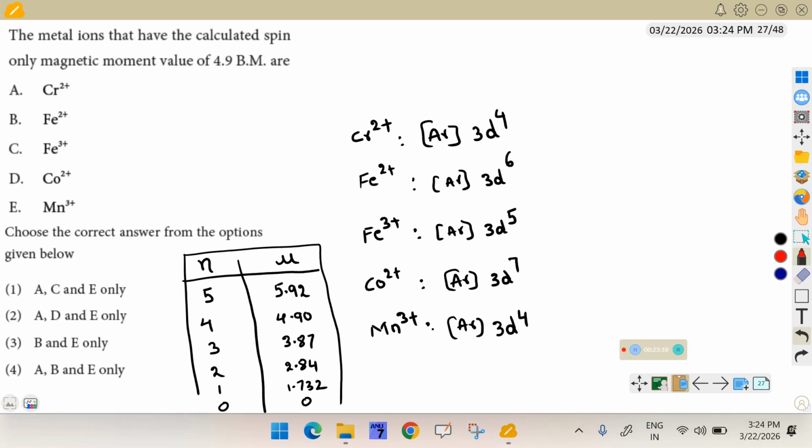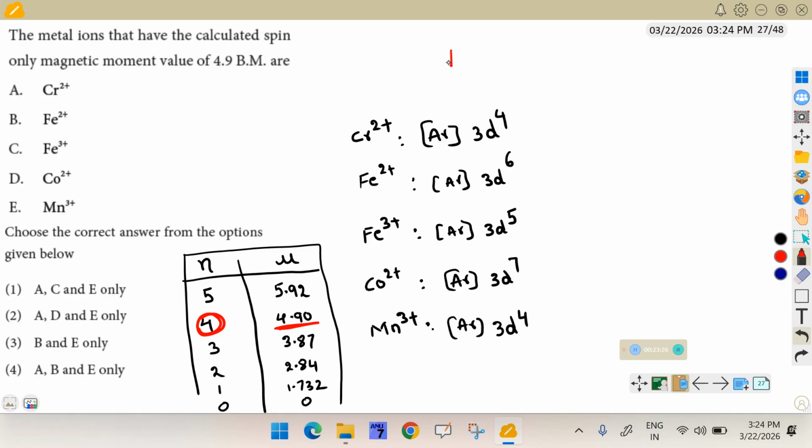The metal ion that has the calculated spin-only magnetic moment value of 4.9 BM. 4.9 BM is the mu value. That means it contains how many unpaired electrons? 4 unpaired electrons.